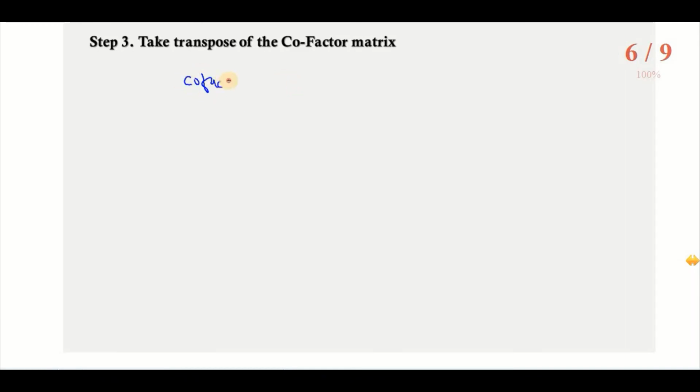So again I will write the cofactor of A that we got after giving the sign: 1 minus 1 0, 1 1 0, minus 1 2. Now we have to take the transpose of this cofactor matrix.